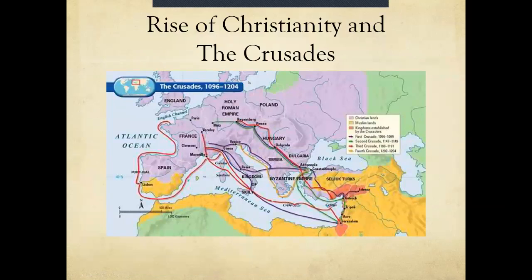And then the Crusades were a number of religious wars that were fought with these European Christians who were trying to block the spread of Islam in the areas here.